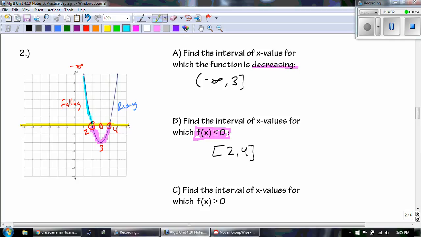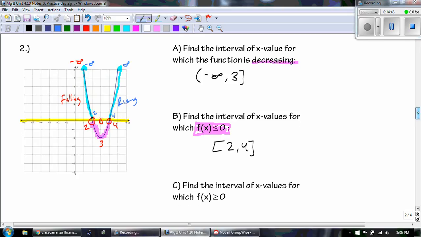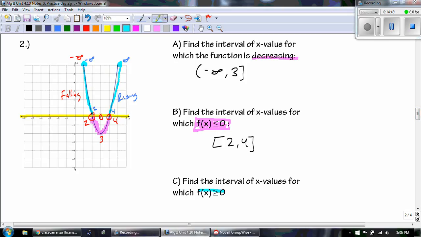When are we above that axis? Well, we're above the axis from -infinity to 2, and then from 4 to +infinity is when it is above. So we have to pay attention. Is it saying greater than or is it saying less than? So for this one, greater than or equal to 0 would be from -infinity to 2, and then there's a break, and then we pick back up from 4 to +infinity.